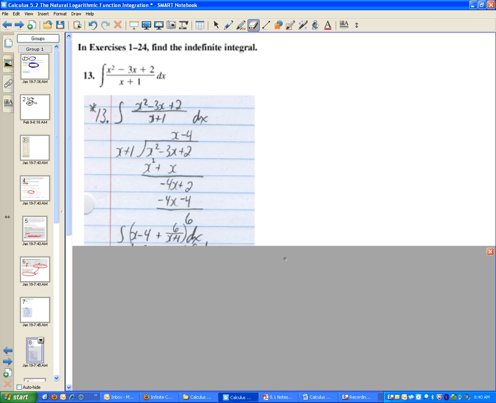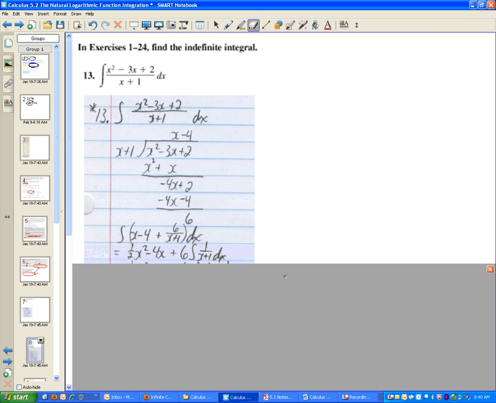All right? So, the integral of x is 1/2 x squared. The integral of negative 4 is negative 4x. Now, as you're about to see here, I didn't write down my substitution for this next step. Because here's what I was thinking in my head.